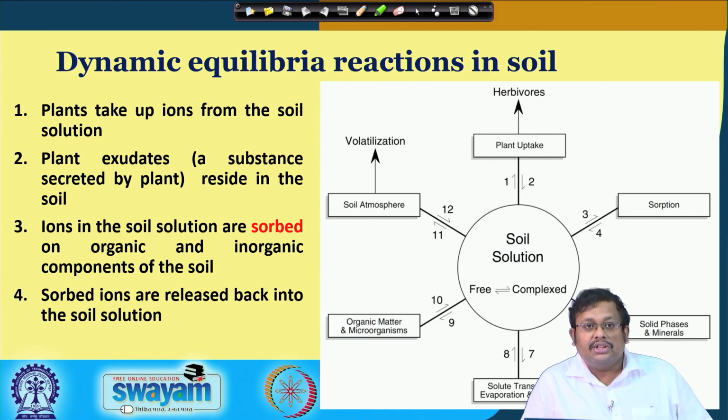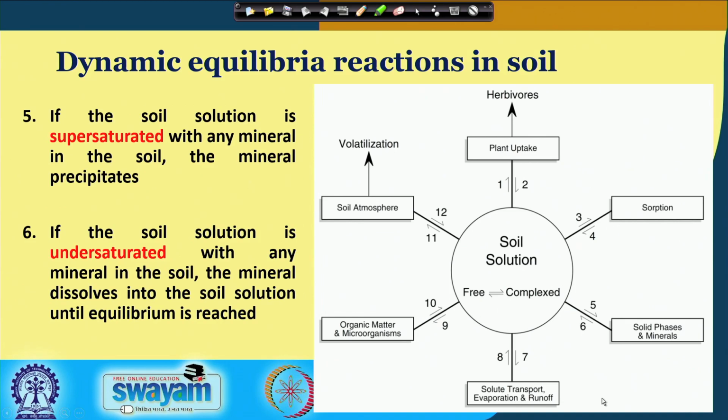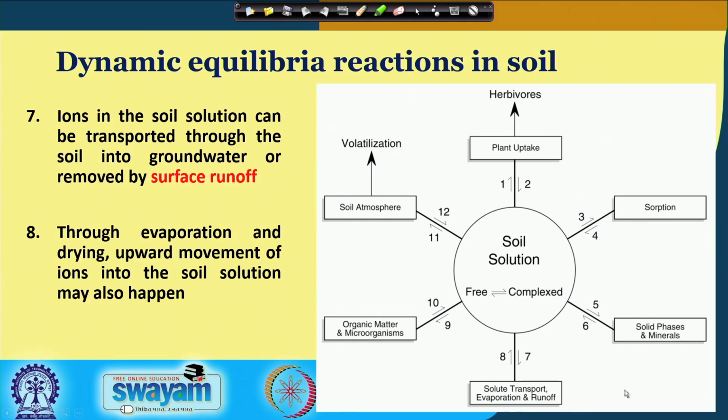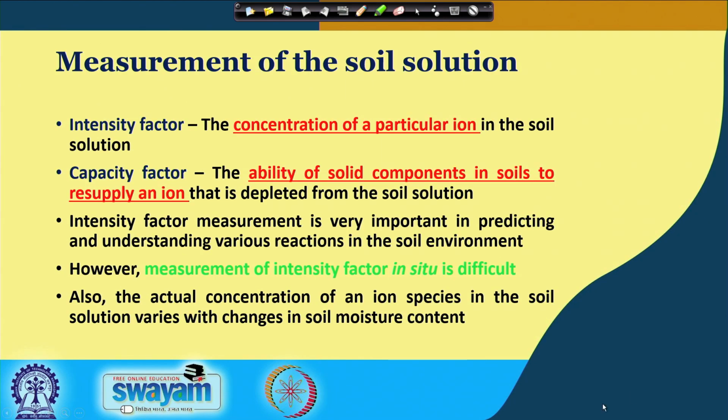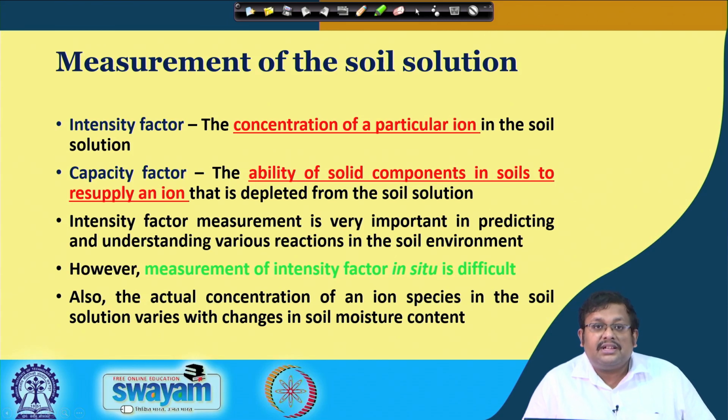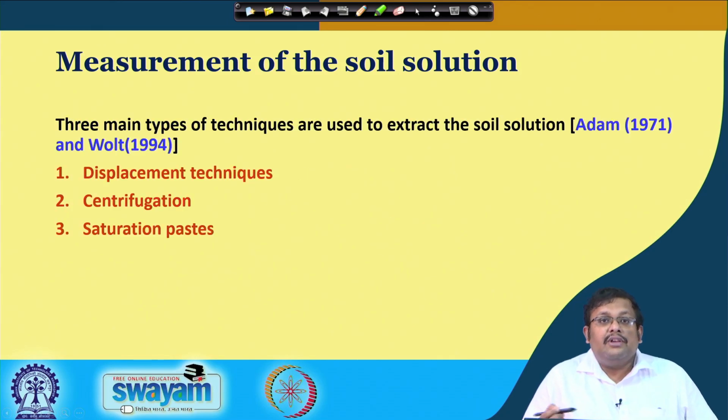How does this process occur? We have seen that there are a total of 12 processes through which an ion can move from the soil solution to different pools and then come back to the soil solution again. Then we talked about the intensity factor and capacity factor.